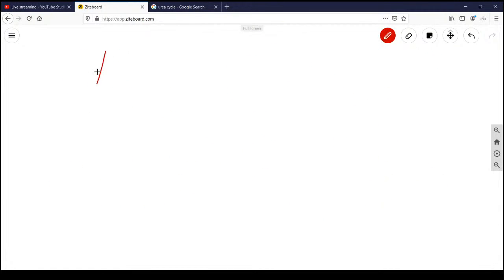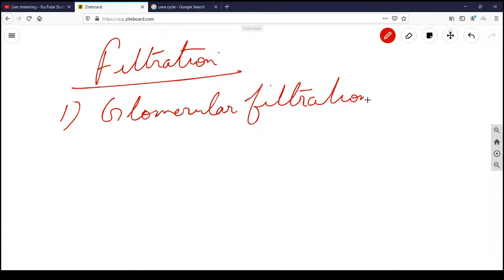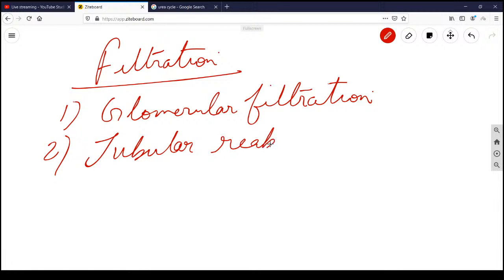So in case of filtration, it can be divided into three parts. One is glomerular filtration, another is tubular reabsorption. This is a very fundamental and pivotal step. Another is tubular secretion.